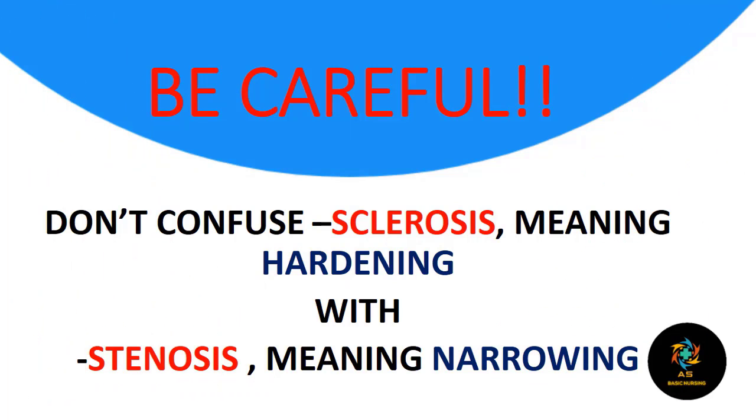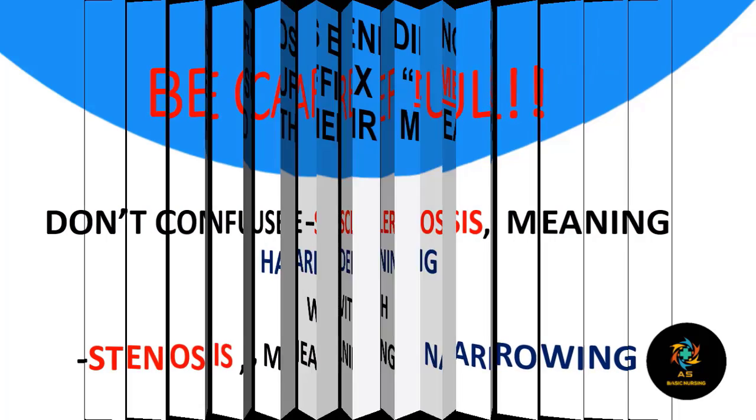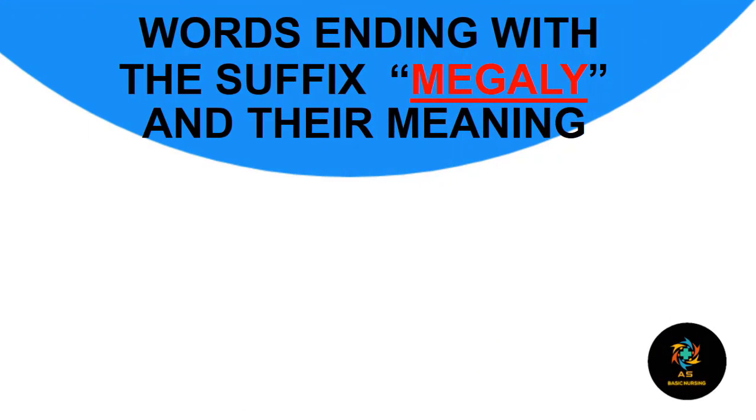Let's be careful here. Don't confuse sclerosis, which simply means hardening, with the suffix stenosis, which means narrowing. We move on to the next condition suffix, which is megaly.